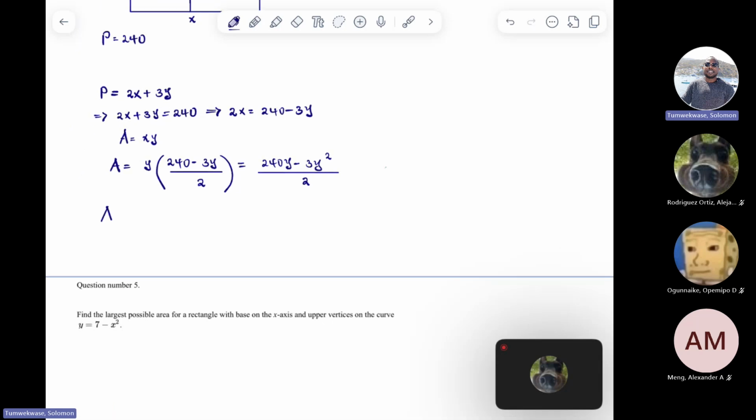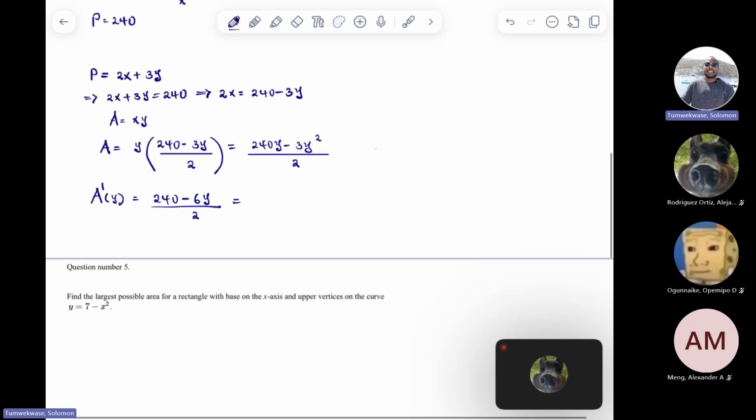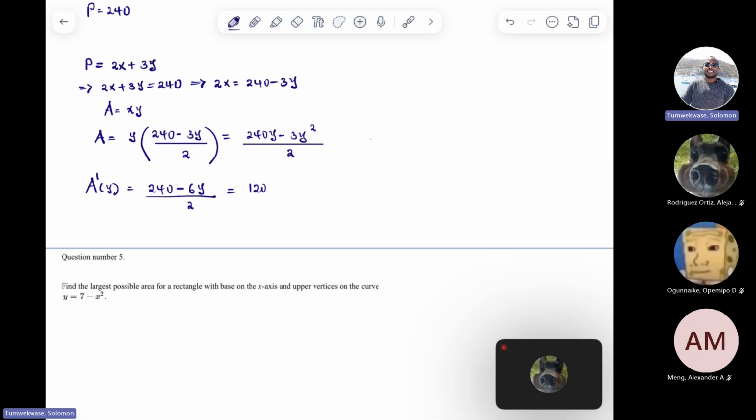As usual, this is a function of y, and we need to take the derivative with respect to y. This is 240 minus 6y, the whole of it over 2. I can simplify this to 120 minus 3y, and that is our derivative.